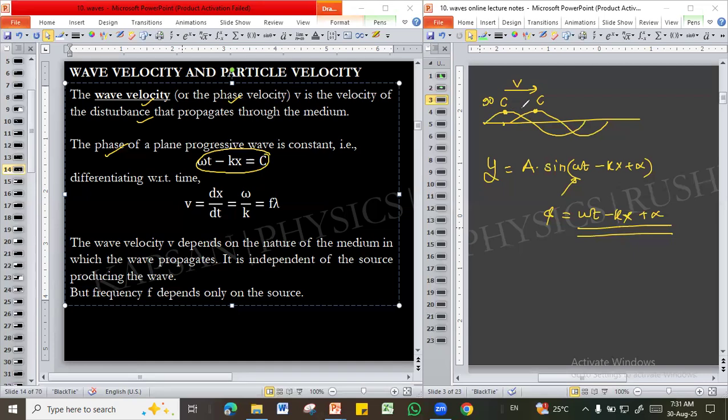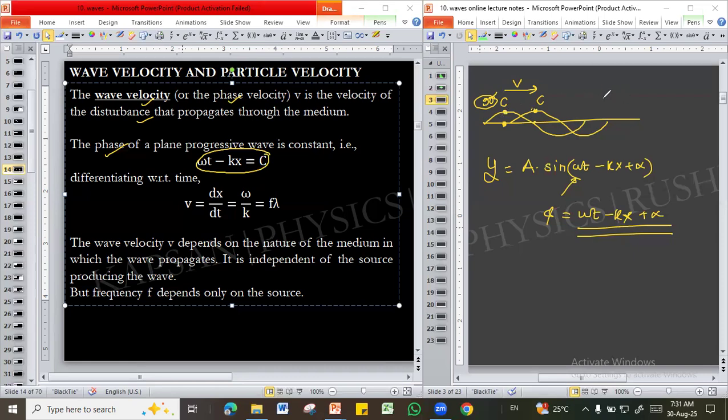The same phase will be available here after some time. After some time, this particle will go to the positive extreme, meaning the same phase of 90 degrees is available here. Is that clear? That is the meaning of phase remaining constant.